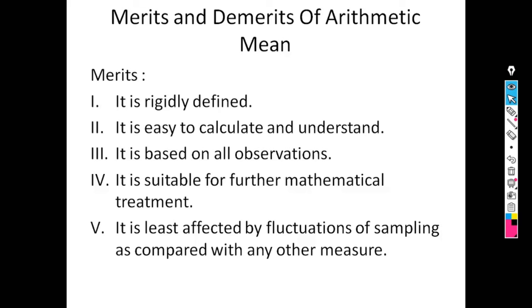For example, coefficient of variation, combined arithmetic mean, or correlation, or any other statistical treatment. Last one is it is least affected by fluctuation of sampling as compared with other measure, means there is very less fluctuation.